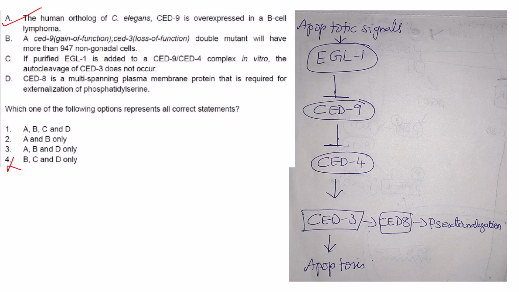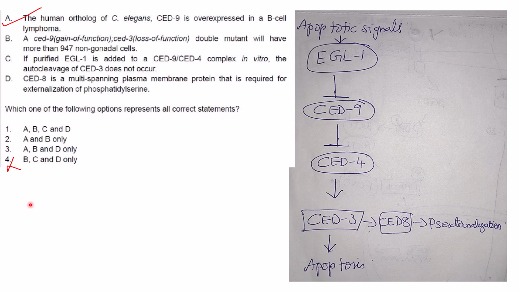Okay, B: CED9 gain of function and CED3 loss of function double mutant will have more than 947 non-gonadal cells. That is correct, because CED9 is an anti-apoptotic protein and CED3 is essential for apoptosis.